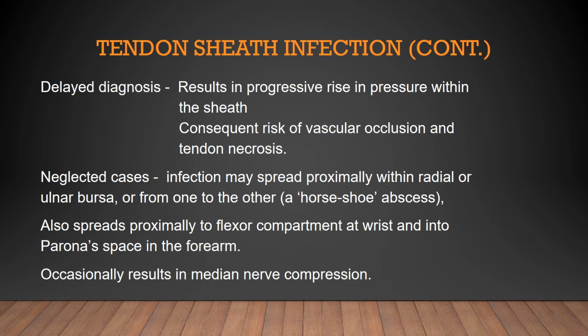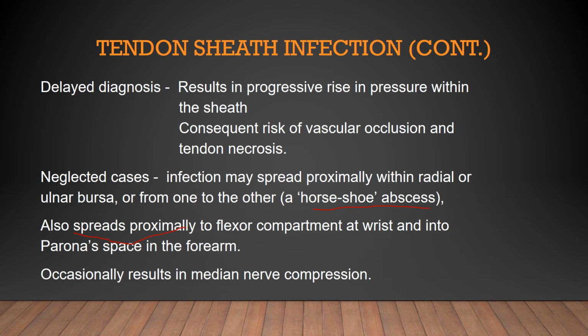And if the diagnosis is delayed, it will result in a progressive rise in pressure within the sheath. There will also be a consequent risk of vascular occlusion and tendon necrosis. In neglected cases, the infection may spread proximally within the radial or the ulnar bursa, or from one to the other, and that's known as a horseshoe abscess.